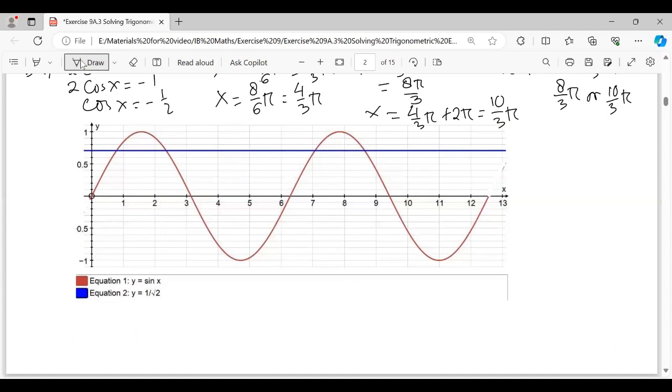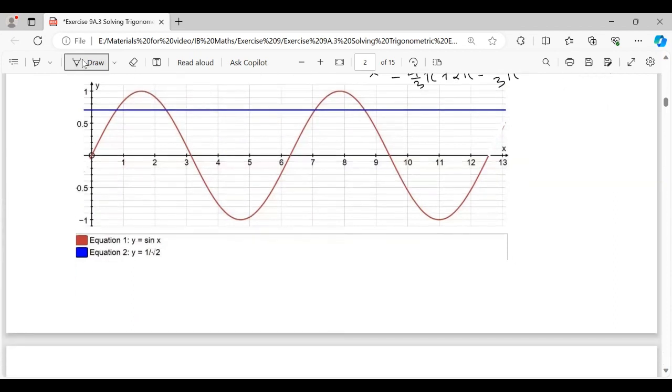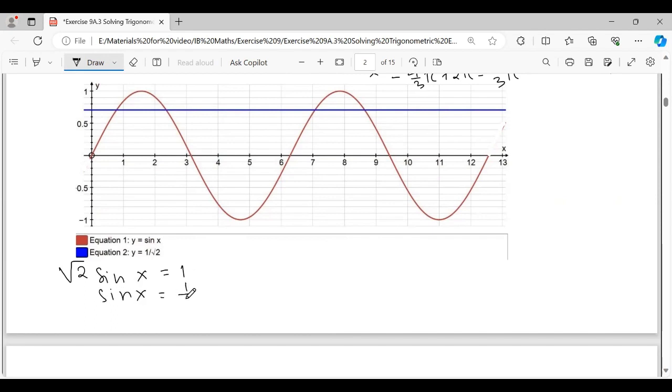This one. This is square root 2 sine x minus 1. So sine x equals 1 over square root 2.